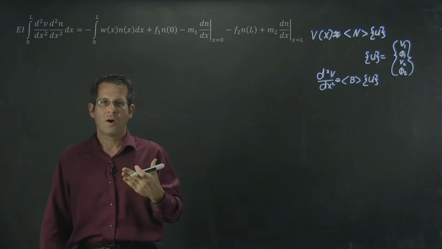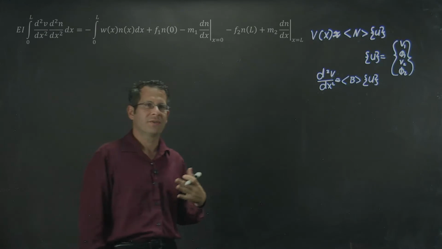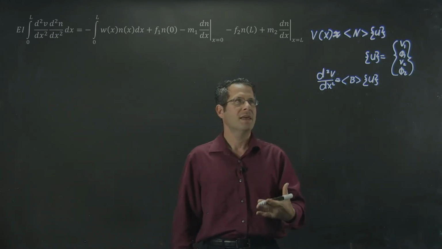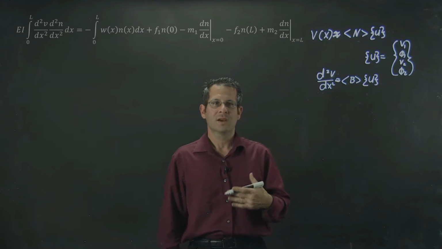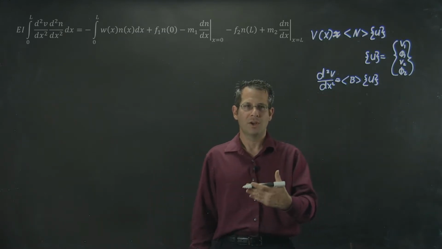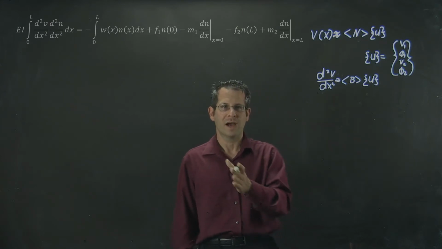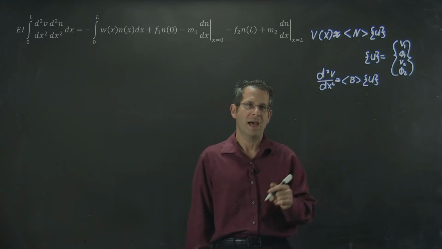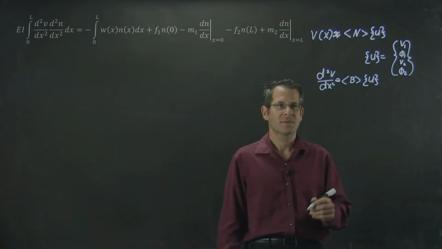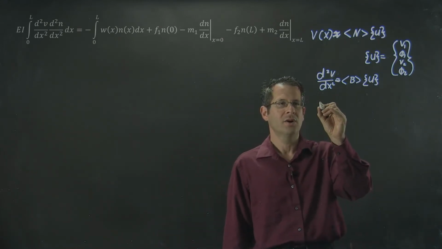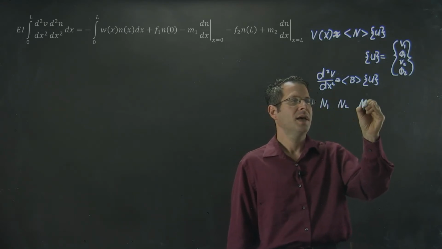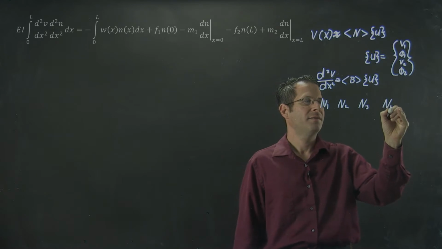What Galerkin's method dictates for the virtual functions is to actually use the shape functions that we originally derived. These are shape functions that we know. In this case, they're simple cubic polynomial functions. I know their value at 0, and I know their value at L. So I can use them as my virtual functions. Remember, I'm calling those shape functions n1, n2, n3, and n4.